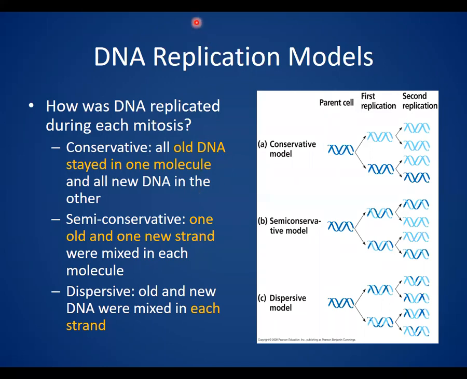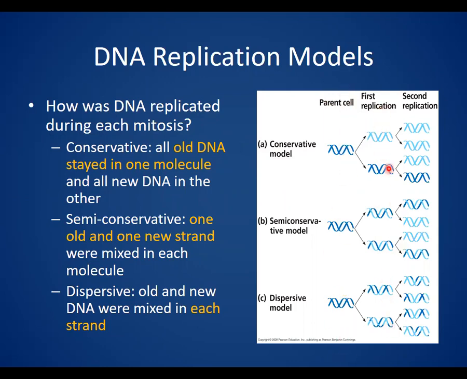And the people who were studying DNA replication realized that there were three possible ways that a strand of DNA could be replicated during mitosis, during cell division. The first one is what's called the conservative model. Here's the parent cell in this column here.